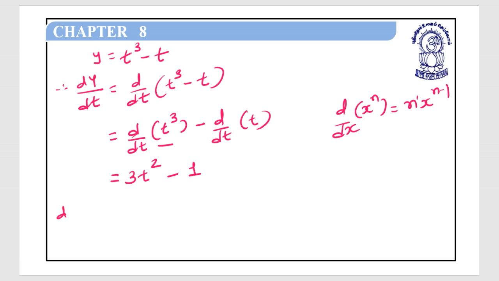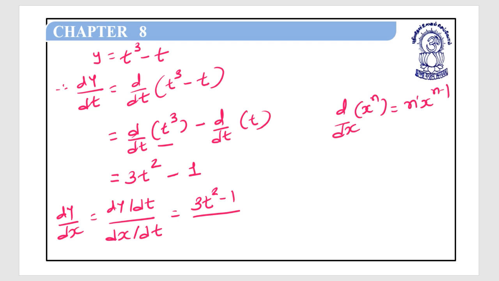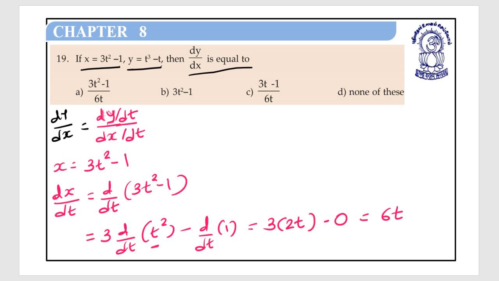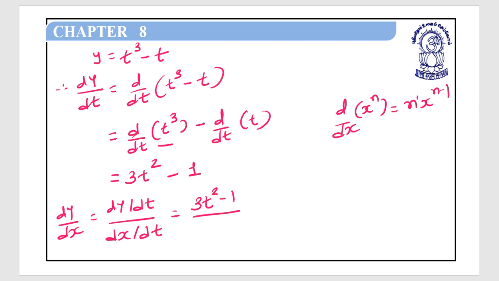So here dy by dx is equal to dy by dt upon dx by dt, 3t square minus 1 upon dx by dt is 6t.